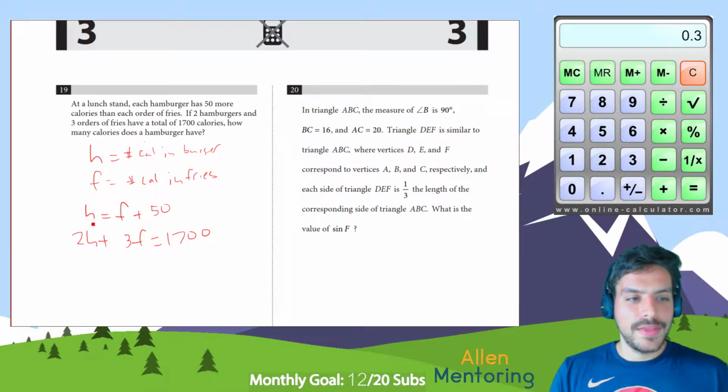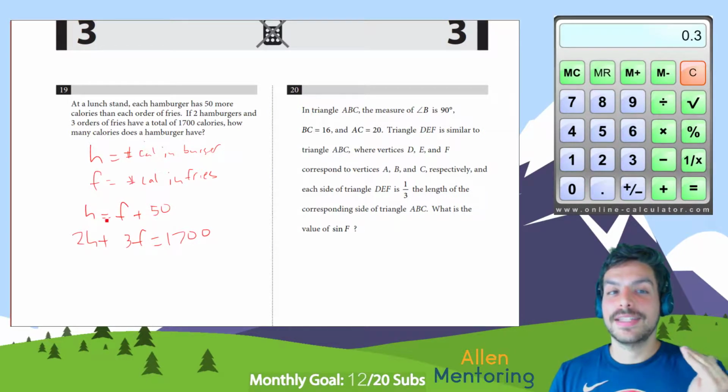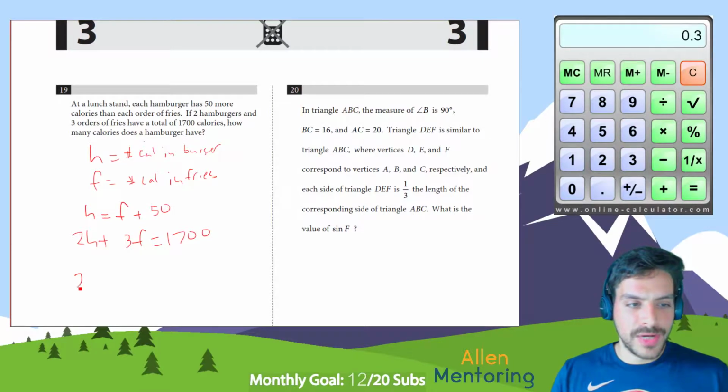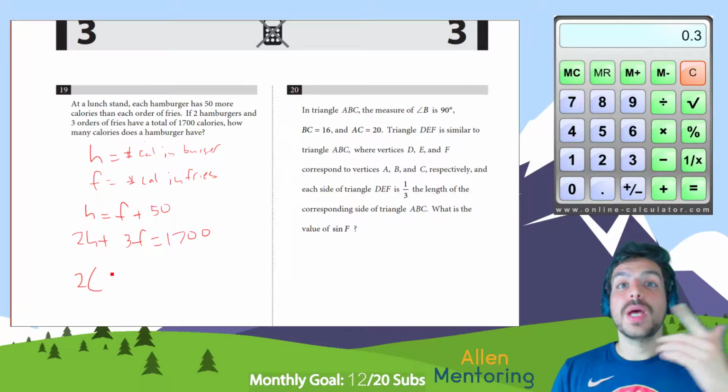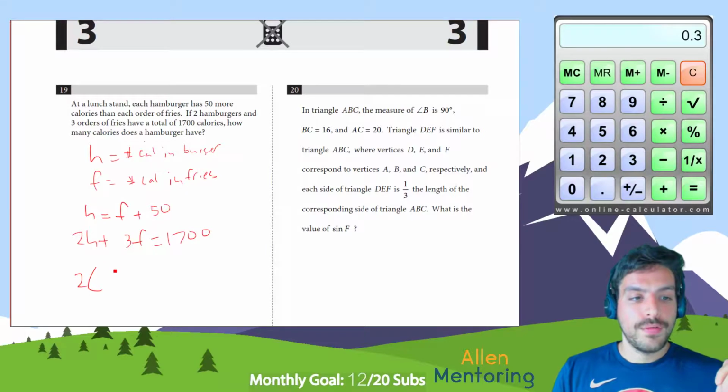We see that in this first equation, H is equal to F plus 50. So we know that this H is also going to be equal to F plus 50, right? Because the number of calories in the burgers don't change. So this H and this H are exactly the same. So what we can do is we can rewrite the second equation and substitute H for F plus 50.